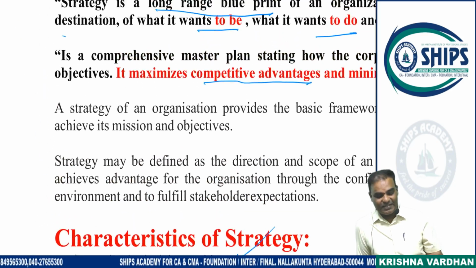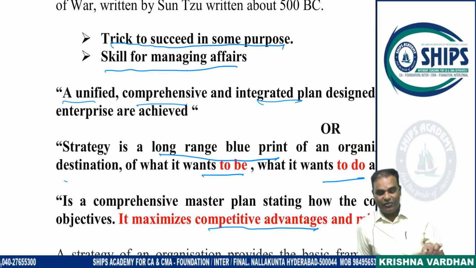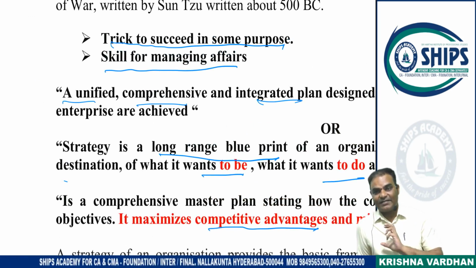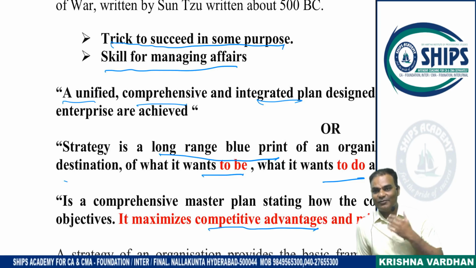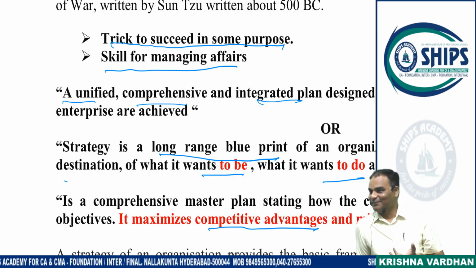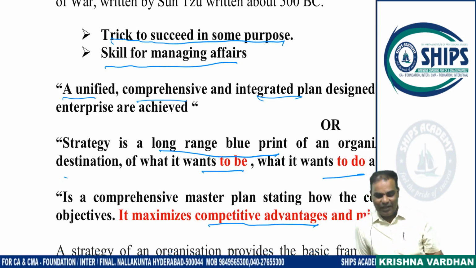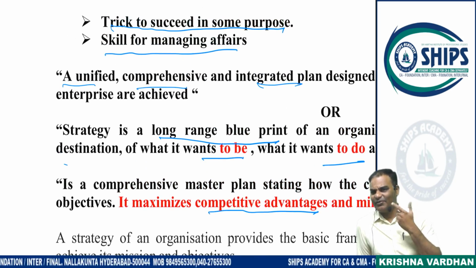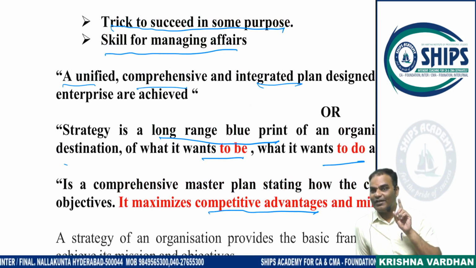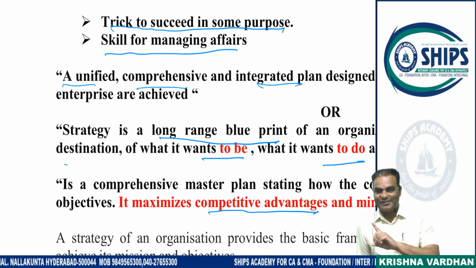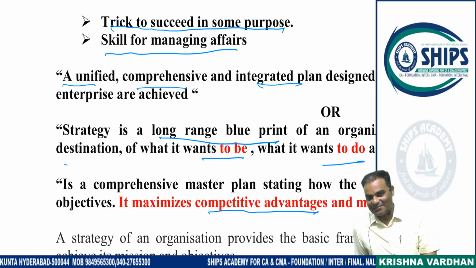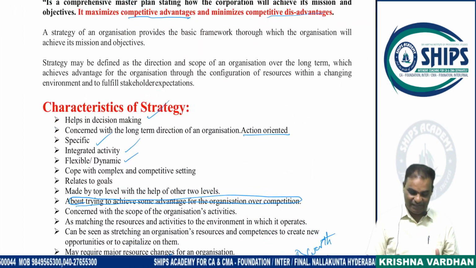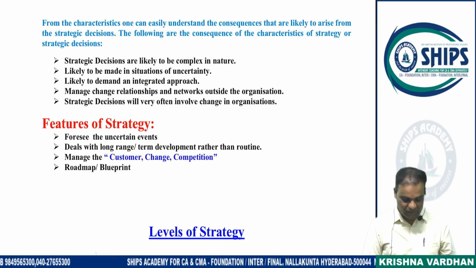And when you are learning this, unified, comprehensive, integrated, long range blueprint, flexible, maximizing competitive advantage, by default the words will come. You need not search. And what happens if you don't remember all this? You will end up writing general answers where you don't get marks. Even if you don't elaborate, these technical terms straight away give you marks. That's how you need to understand the terminology usage. Okay, students.